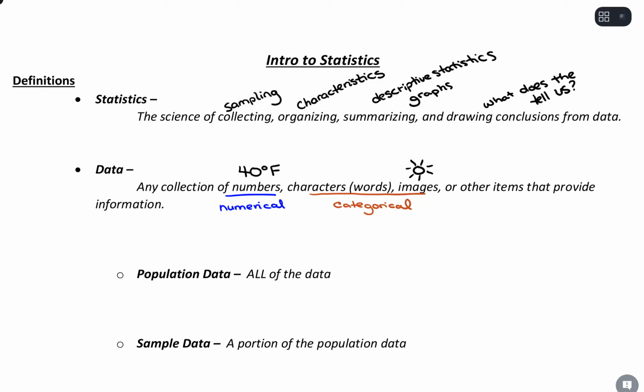So some sort of image portraying weather. It could also just be words, like sunny, cloudy, things like that. We could collect those words, and that would be categorical data. So all of these portray weather in some form. It's just that we can choose which way we're collecting that data.